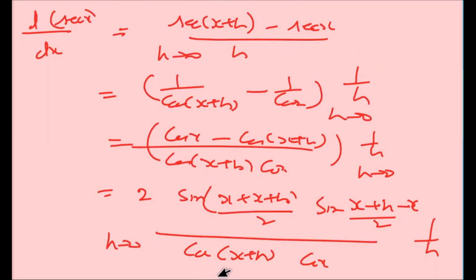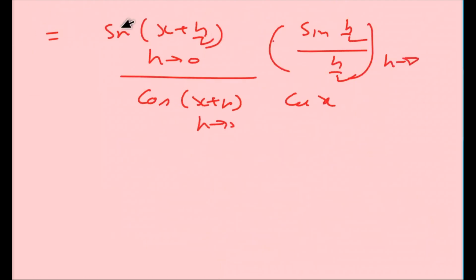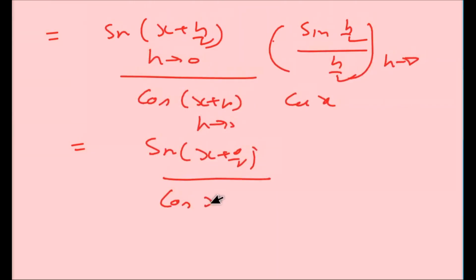You can see here, h/2 upon h, this h/2 can be taken with this, so we are getting sin x plus 0 by 2 upon cos x plus 0, into this is 1 and cos x.